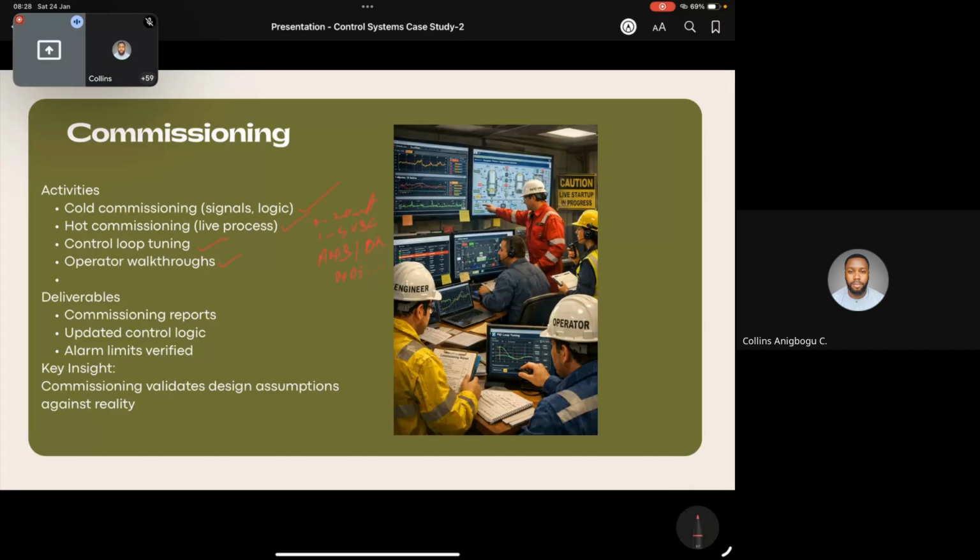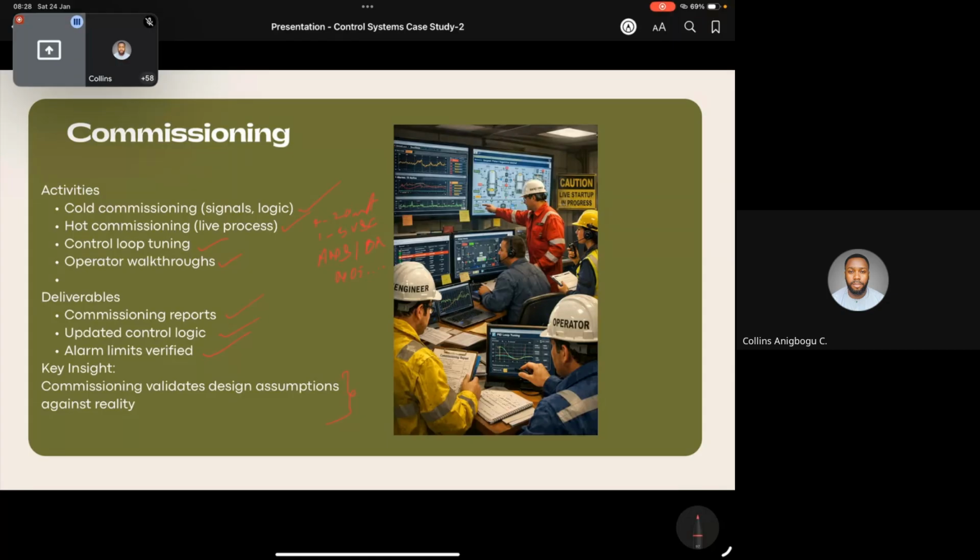And then you have your commissioning reports, you have your updated control logic, you verify your alarm limits, right? And your commissioning validates design assumptions against the reality. So it is at commissioning that you begin to see the results of your detailed design.